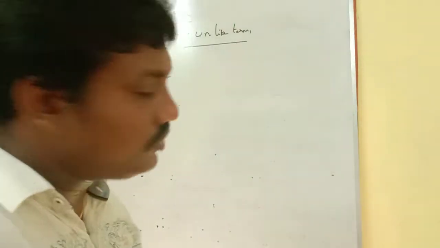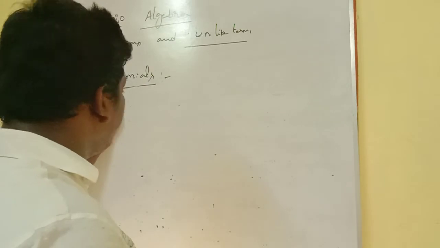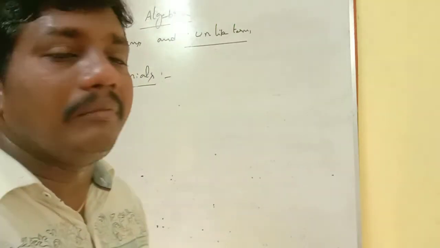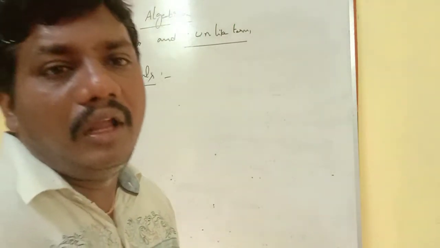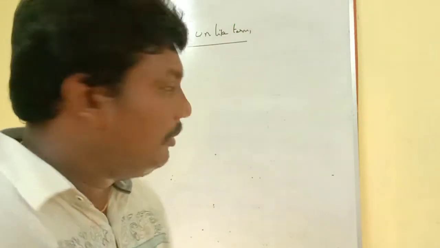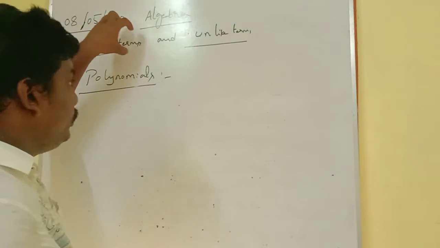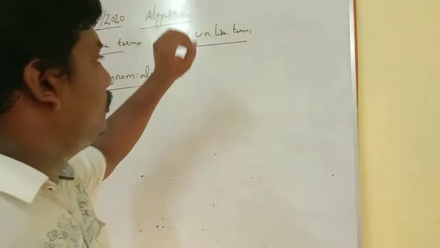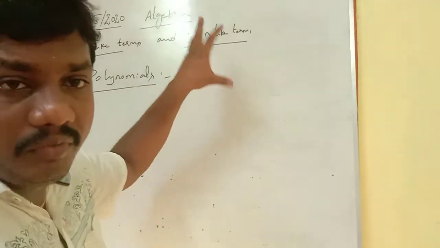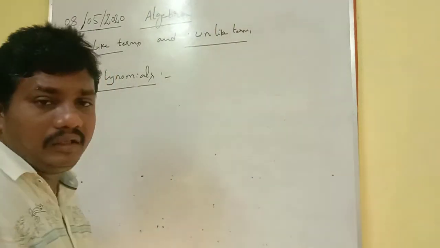The name itself tells it: poly means many. So polynomials, many number of terms. We know what a term is in algebraic expressions, and we know what an algebraic expression is. Now what is a polynomial?